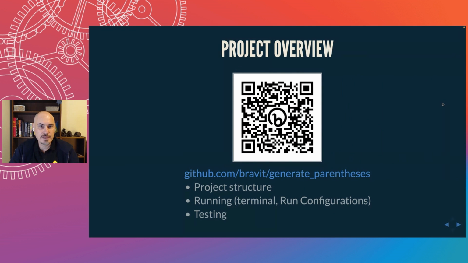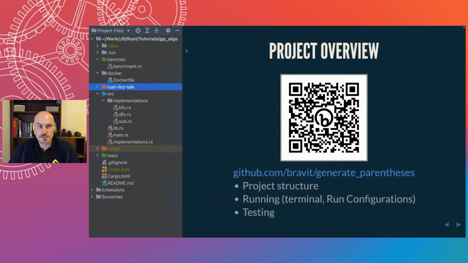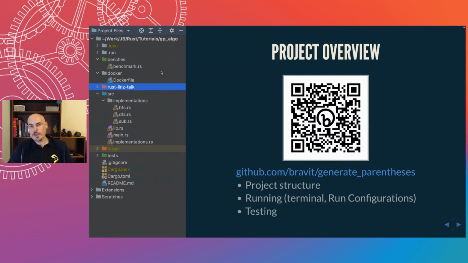And remember, I'm in CLion, so I will use everything here. To present this project, first, let's look at the project structure. Of course, we have some source files here, and I have 3 implementations. I put them all in separate modules.